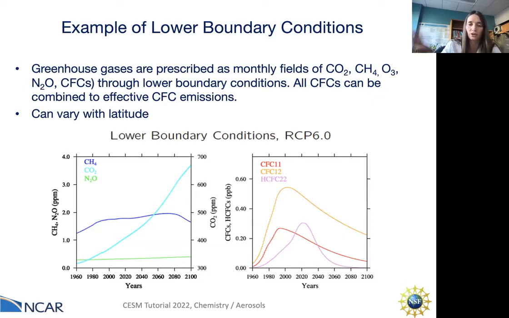So we are sure that they have the same concentrations in the atmosphere. However, in our chemistry mechanism, in CAM-chem and WACCM, these chemicals, ozone, CO2 and methane, do still evolve and are chemically active. They're just prescribed at the surface. And here you see an example of a future scenario, the RCP 6.0.